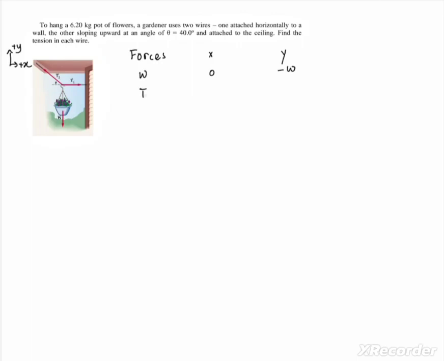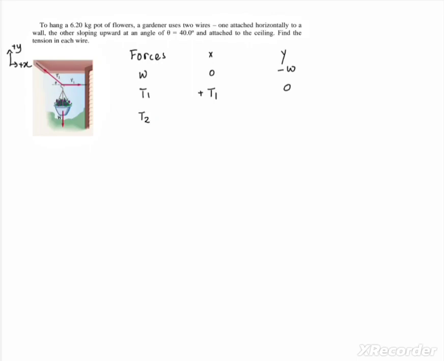We have T1, our tension 1 is a force, it's a vector, and the x component is positive because it is pointing in the positive x direction, and in the y direction there is no component because T1 is entirely in the x axis.